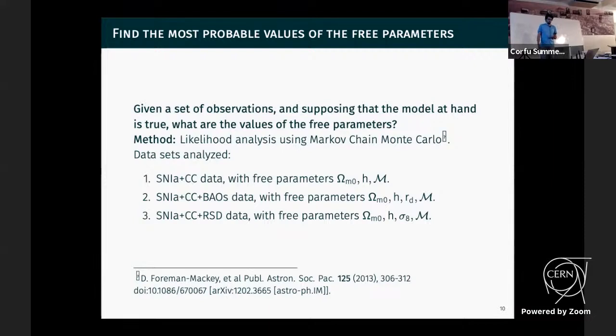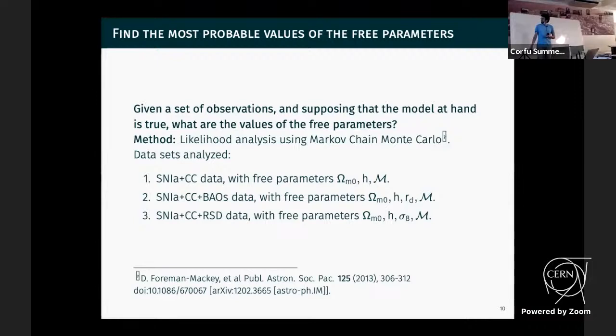Likelihood analysis was presented in this school, in the statistics tutorial. Now, there are three different dataset compilations to use. We used them separately to be able to understand which dataset contributes to which effect.